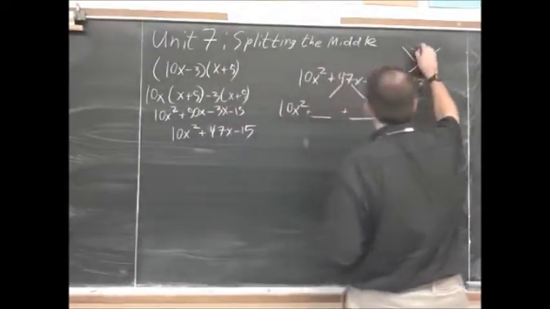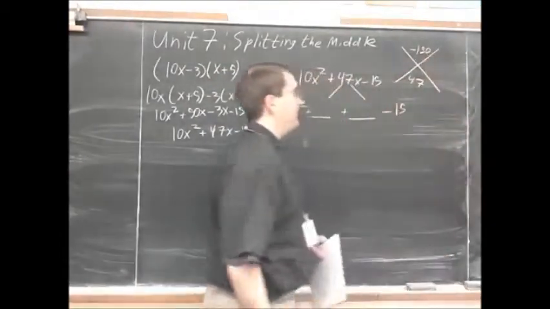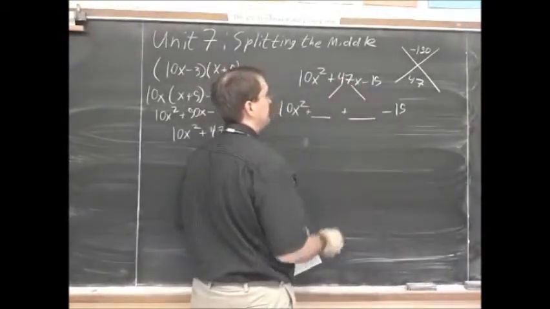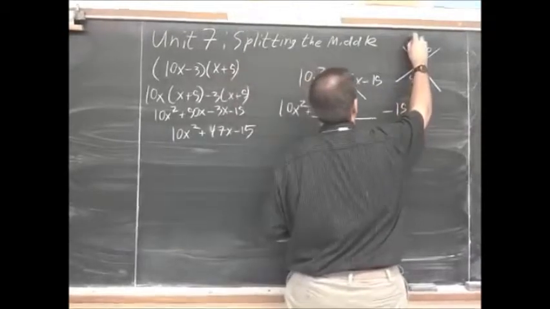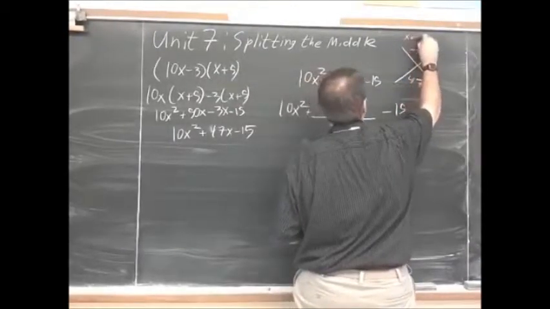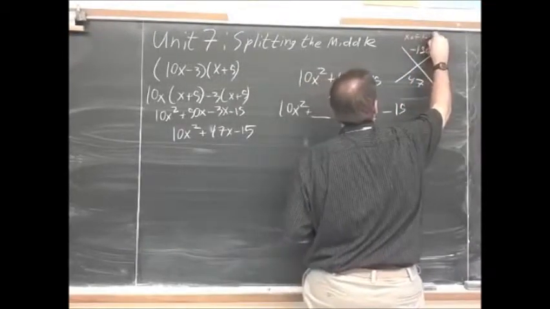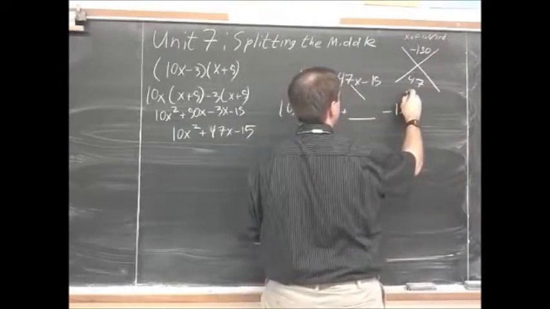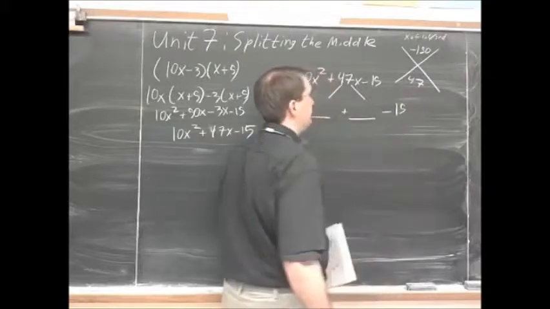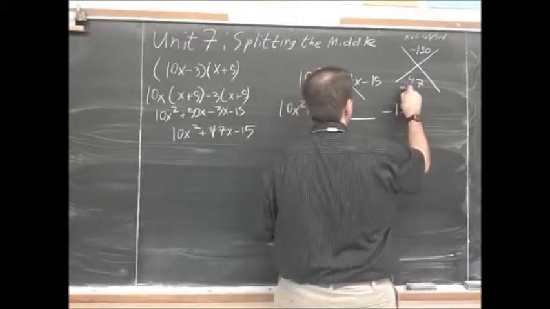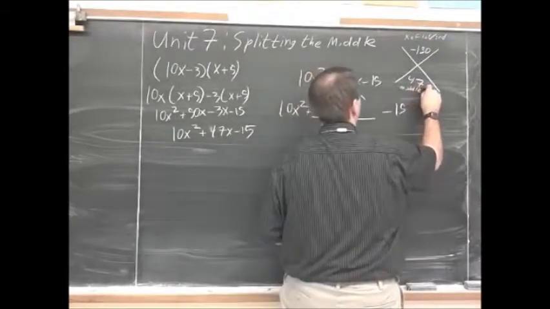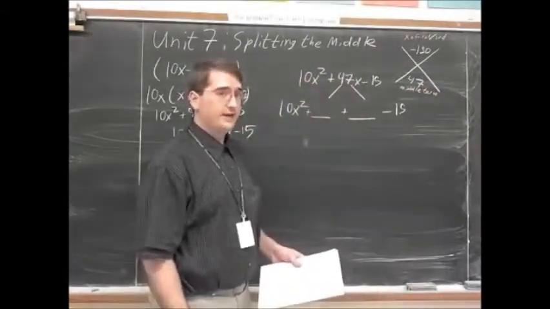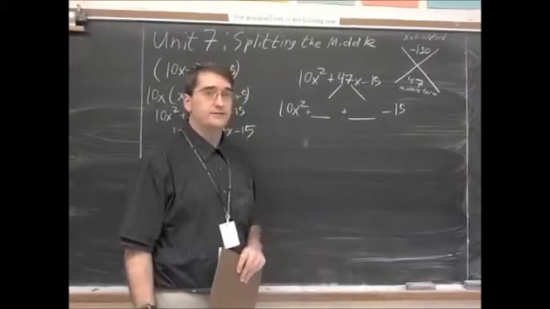So we take the product of the first and third terms, and then the sum of the middle term. We want two numbers that multiply to negative 150 and add to 47.